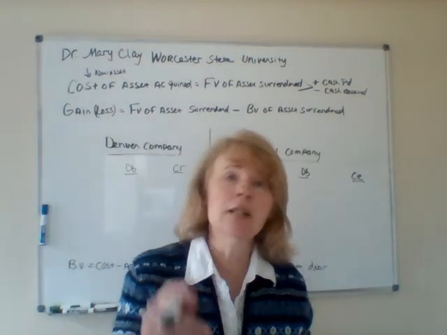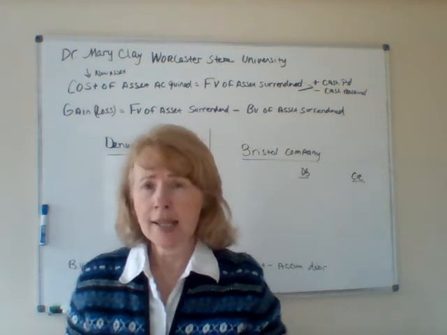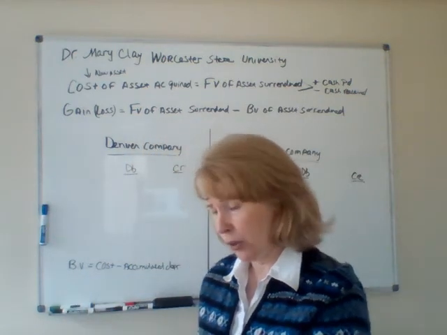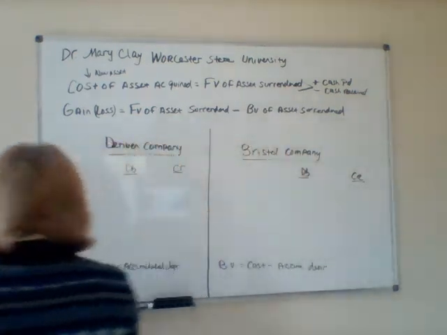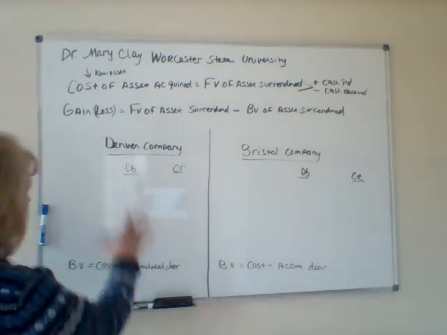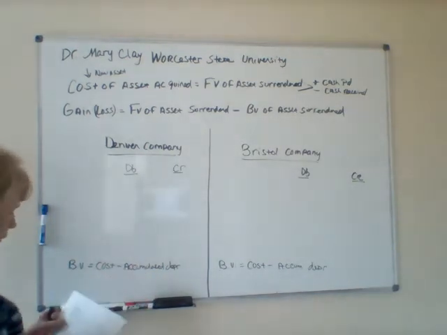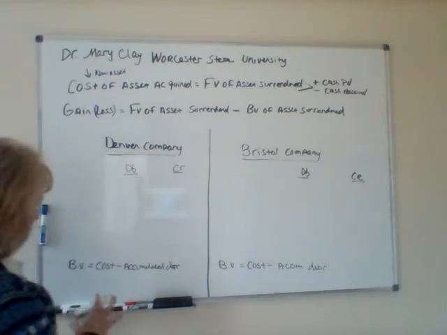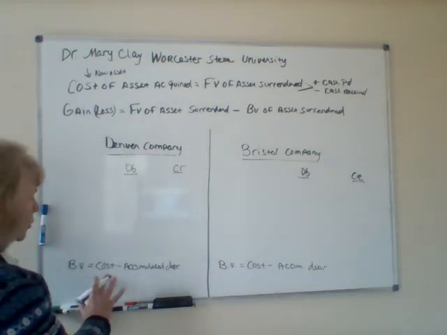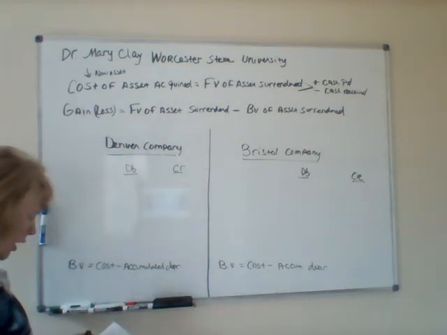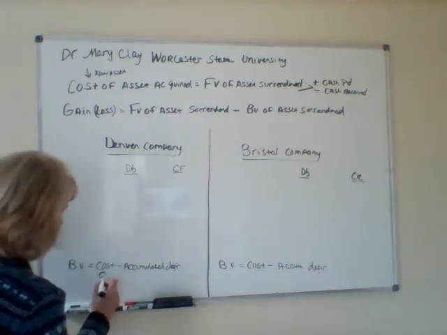The first thing I'm going to show you how to complete is how to figure out book value of the asset. Let's work on Denver Company first. Book value is always cost minus accumulated depreciation. The cost of Denver Company's asset was $90,000.